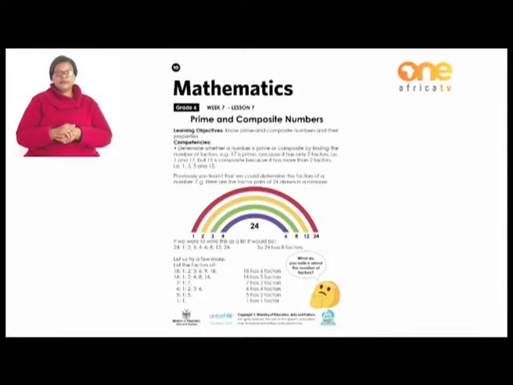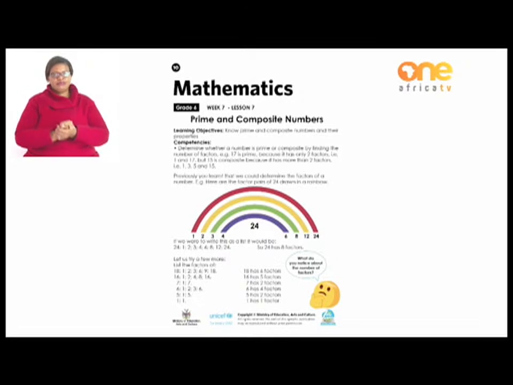And then we have 6, which has factors of 1, 2, 3, and 6, a total of 4 factors. And then we have 5, which again, just like 7, only has 1 and 5 as factors, which is only 2 factors. And then lastly, we have 1, which is probably the most unique number, and it only has 1 factor.